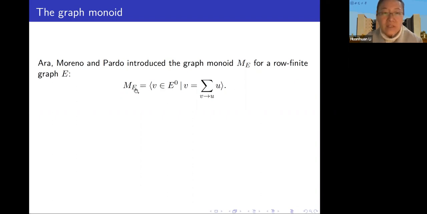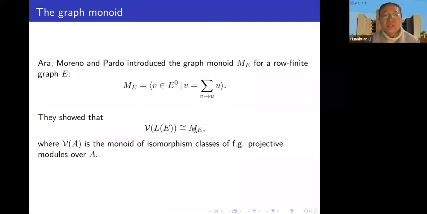The M(E) is generated by the vertices subject to these relations here: if there are edges starting from V, we put V to be the sum of the U, such that U are the ranges of edges starting from V. They proved that this graph monoid gives us the monoid of isomorphism classes of finitely generated projective modules over the Leavitt path algebra.